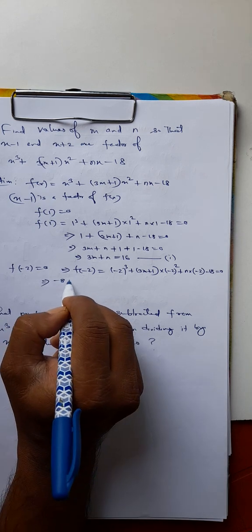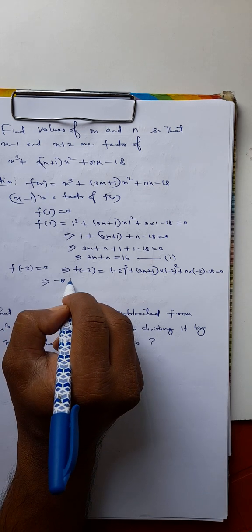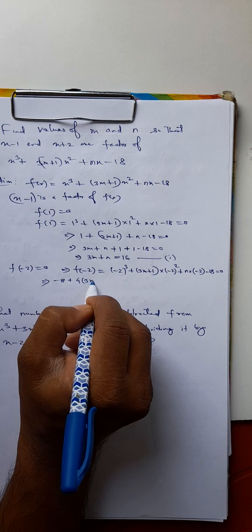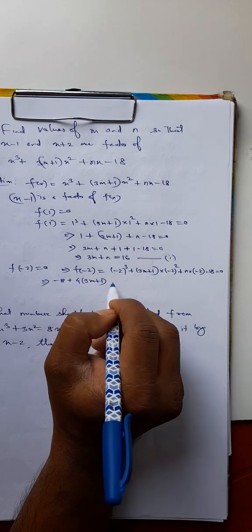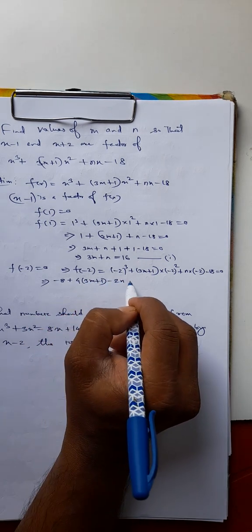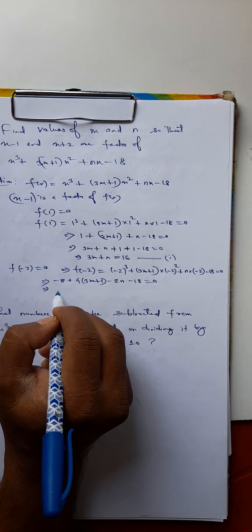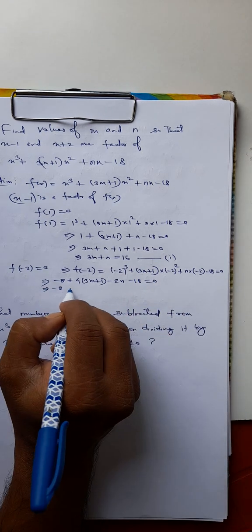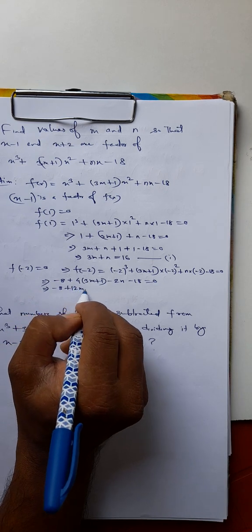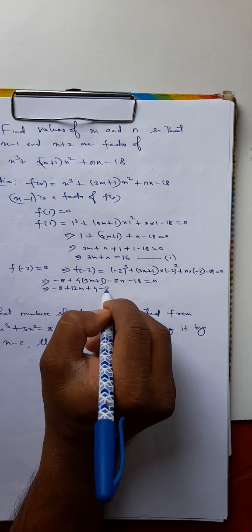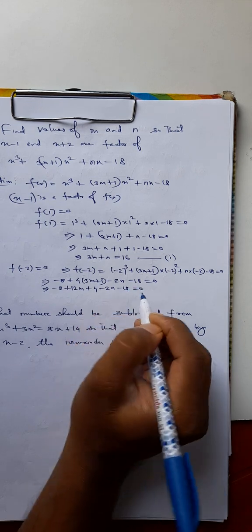Minus 8 plus 4 into 3m plus 1 minus twice n minus 18 equal to 0. This gives minus 8 plus 12m plus 4 minus twice n minus 18 equal to 0.